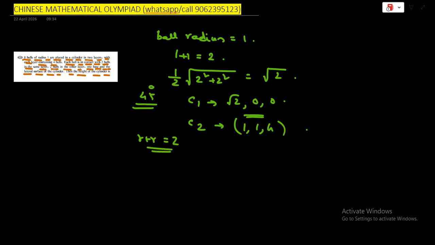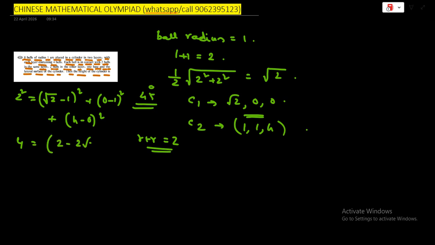So 2 square is (root 2 minus 1) whole square plus (0 minus 1) whole square plus (h minus 0) whole square. So let's expand this. So we get 4 equal to 2 minus 2 root 2 plus 1 plus h square. So 4 is basically 4 minus 2 root 2 plus h square.